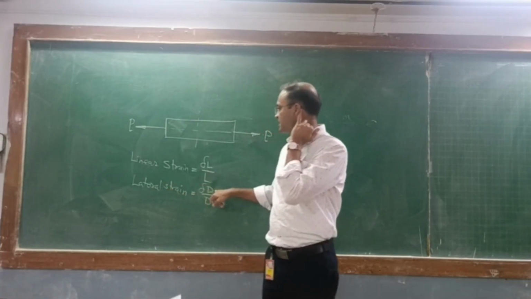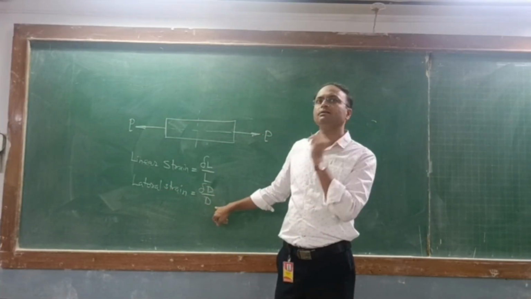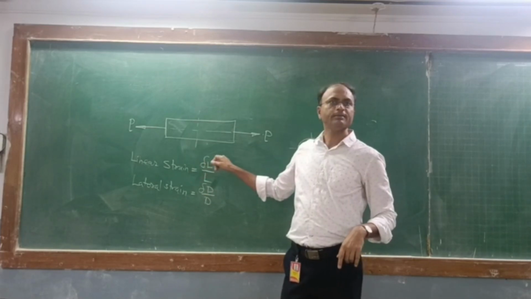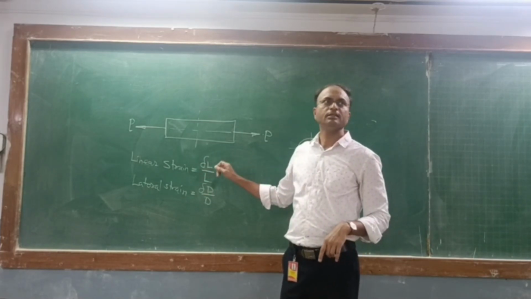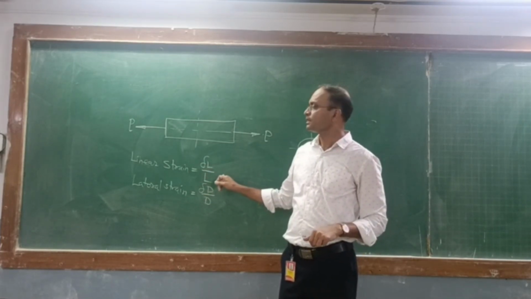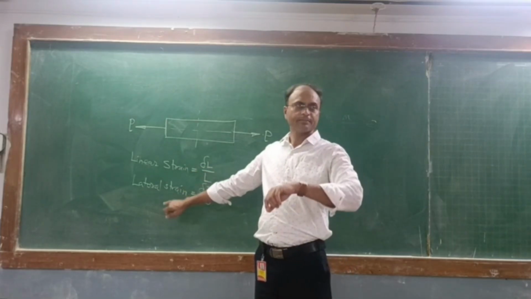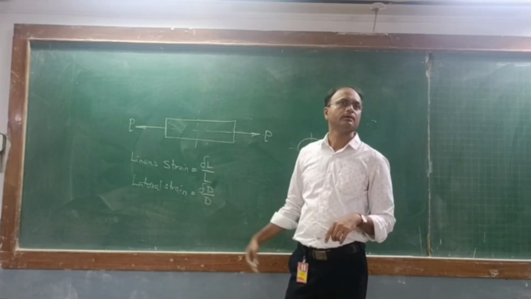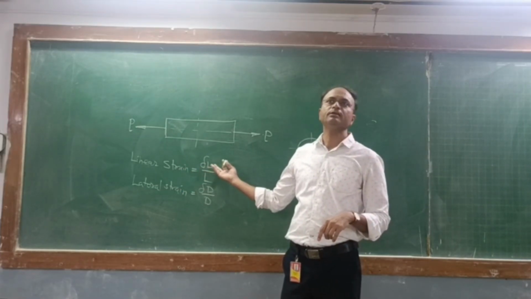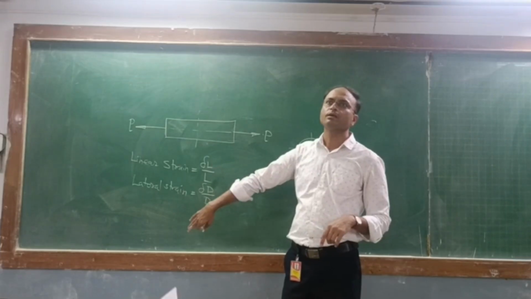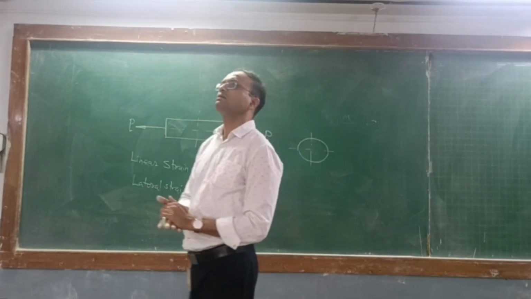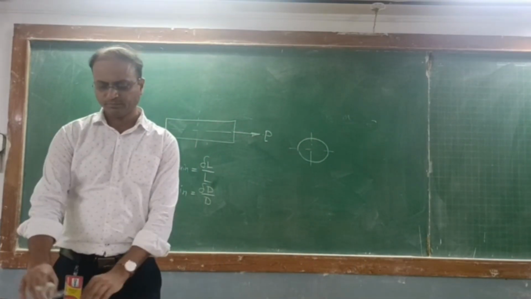So lateral strain is delta D upon capital D. Right now. Linear strain, change in length upon original length. Lateral strain, change in diameter upon original diameter.